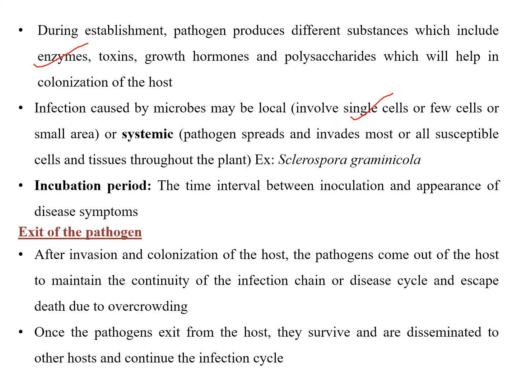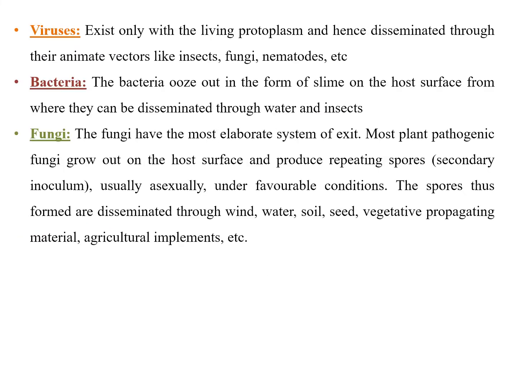So to overcome this overcrowding and maintain continuity in the infection chain, it has to exit from the host plant. Once the pathogen exits from the host, it survives and is disseminated to other hosts and continues the infection cycle. Let us see how the different pathogens exit and continue the infection cycle.